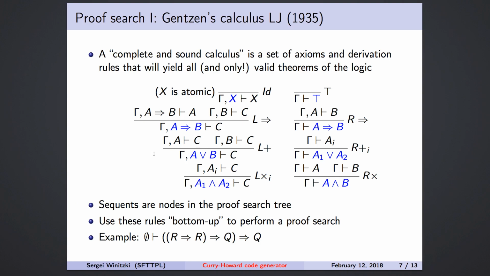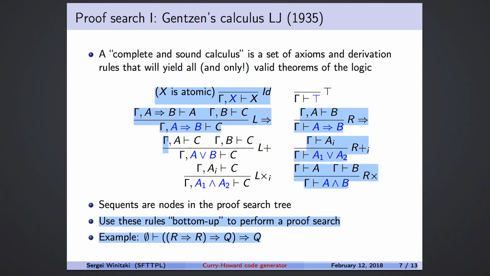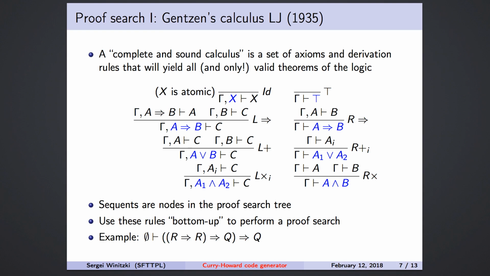The logic is represented by rules of derivation and axioms. Now, in this presentation of logic, I just have rules of derivation. I don't have axioms. And the rules are written in this notation, the strange thing here, which is called a sequent. So what is a sequent?